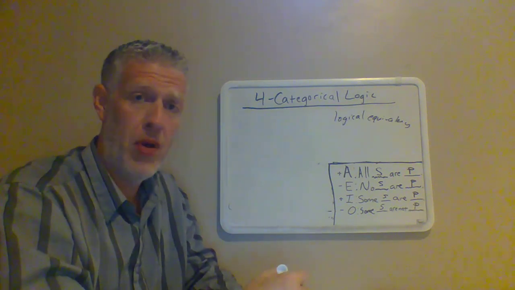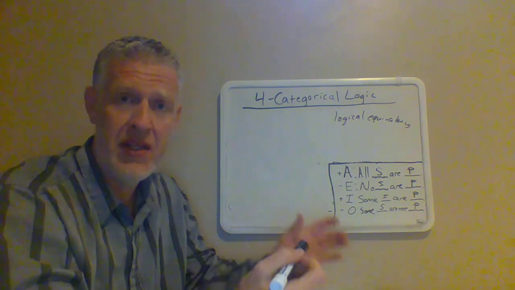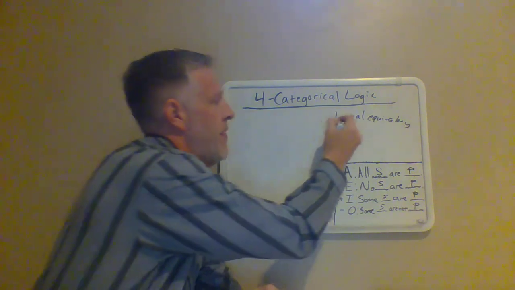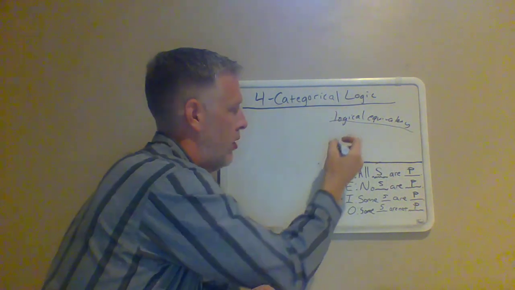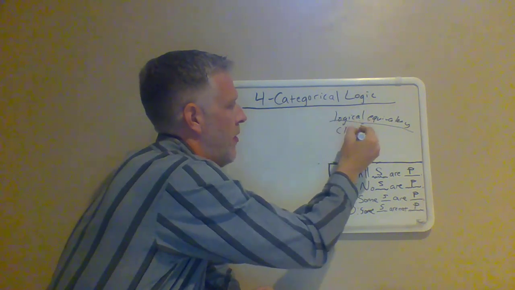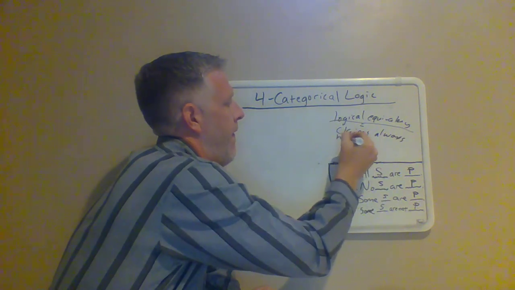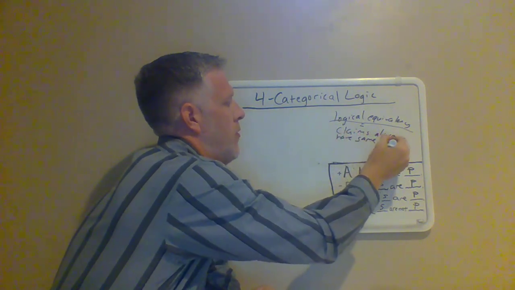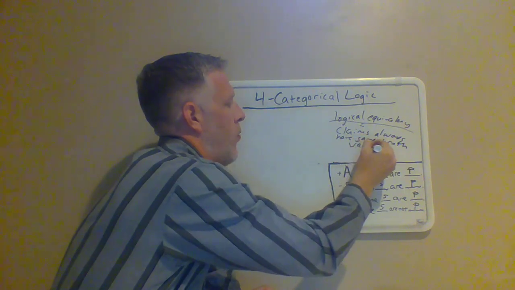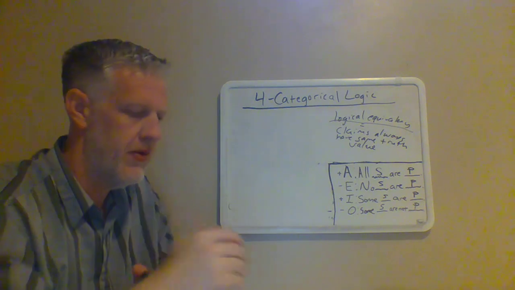Logically, what these standard form claims are saying is exactly the same. So equivalent claims always have the same truth value. One won't be false while the other's true, or vice versa.